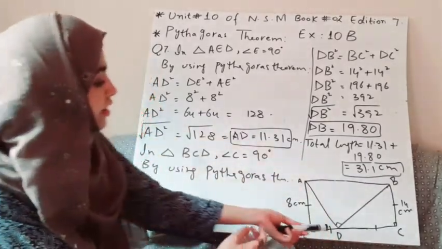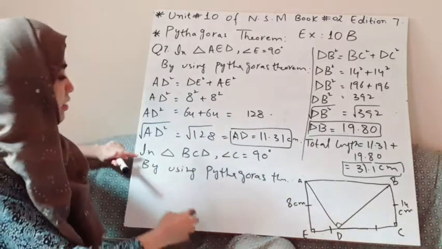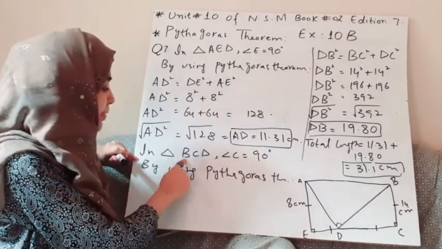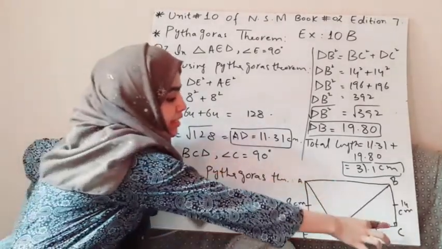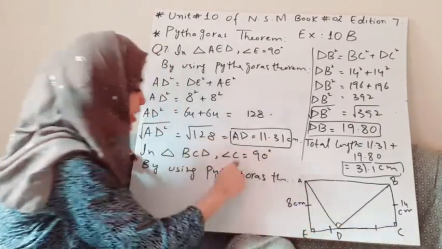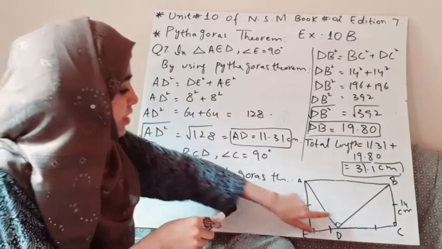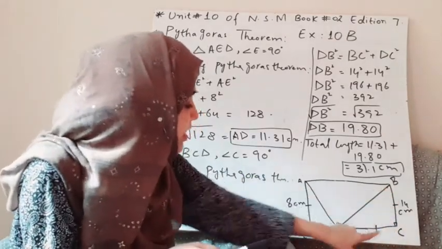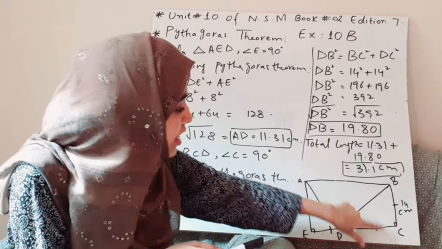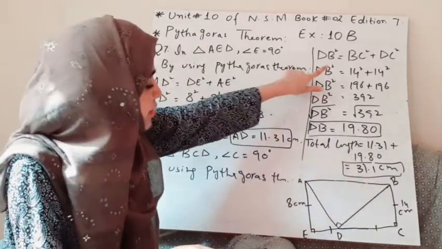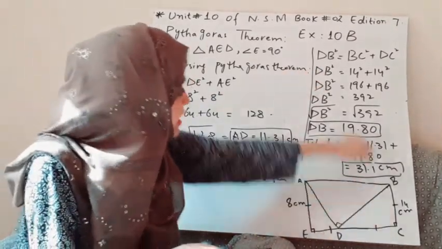Now we have to find DB. So for DB we have to deal with triangle BCD, in which C is 90 degree. By using Pythagoras theorem, for this triangle DBC, hypotenuse is this side, DB square equals BC square plus DC square.